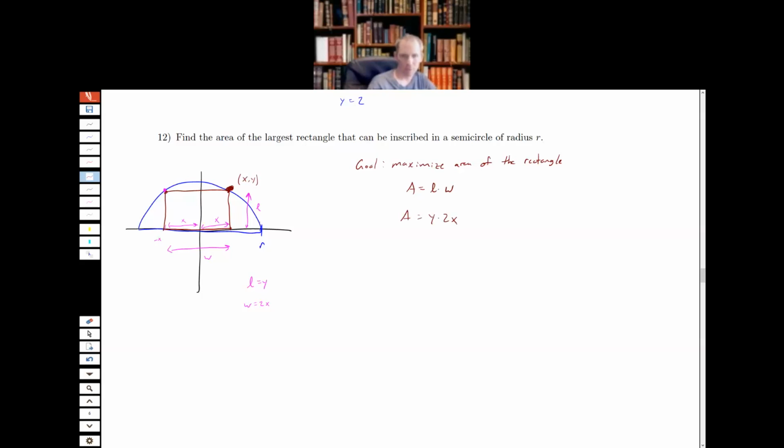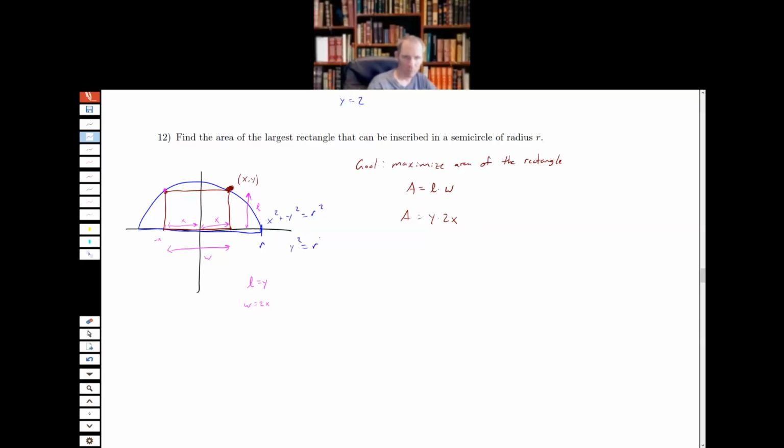That's still two variables, though, so I'm not really in good shape yet. But I do know that this x, y point hits the circle, and points on the circle satisfy the equation of the circle. It's a circle of radius r centered at 0, 0, so its equation is x squared plus y squared equals r squared. So x, y have to satisfy that equation also because the point x, y is on the circle.